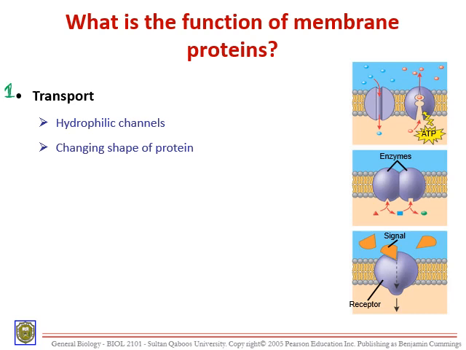If you look at this figure here, you have a membrane protein that has a channel. This is called the channel protein. You can see things are being transported from outside of the cell to the inside.